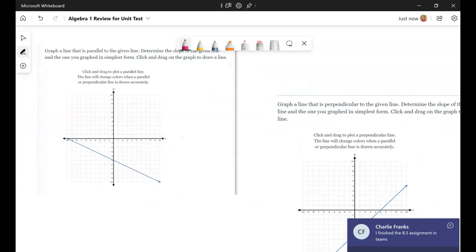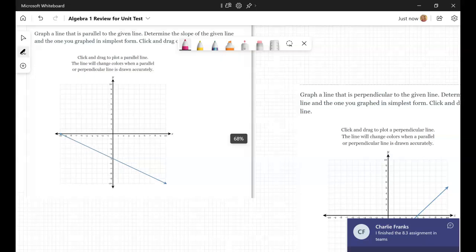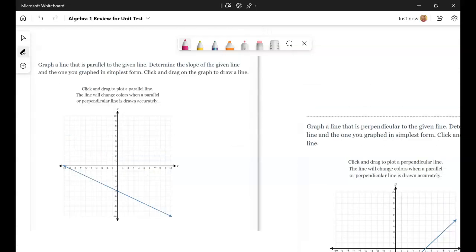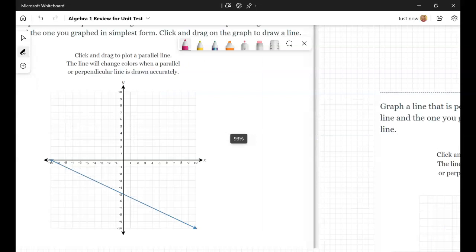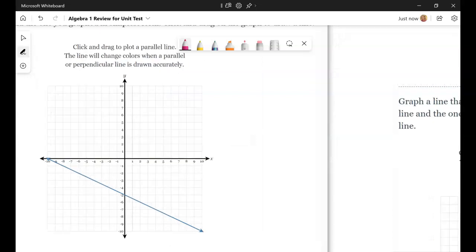Graph a line that is parallel to the given line. Determine the slope of the given line and the one you graphed in simplest form. Click and drag on the graph to draw a line. Well, first thing we need to do is figure out the slope of this line. So I'm going to start with this point and this point, and we're going to find the slope.